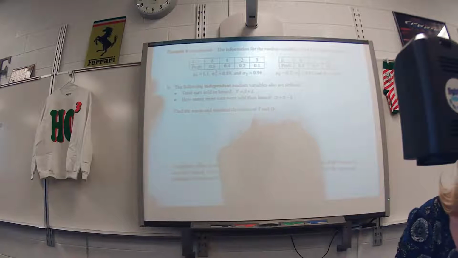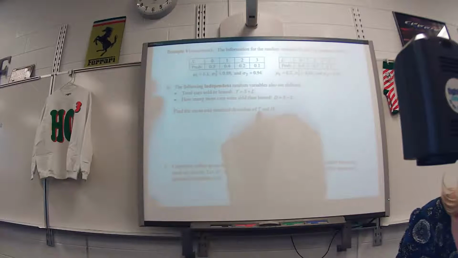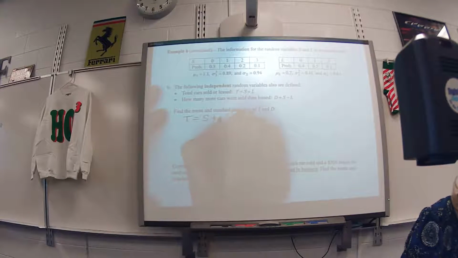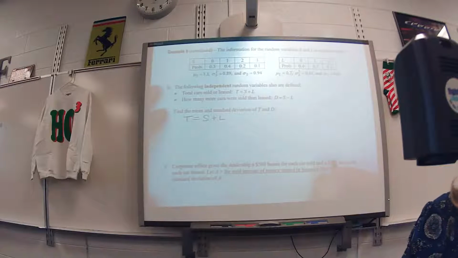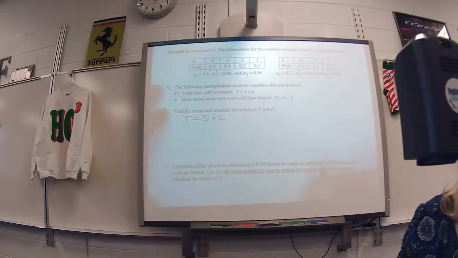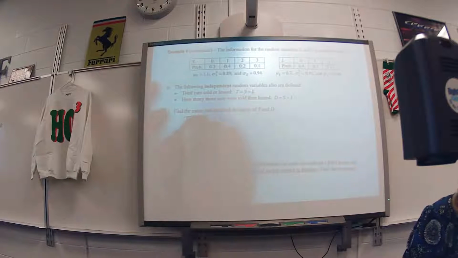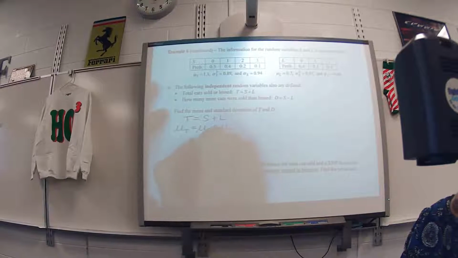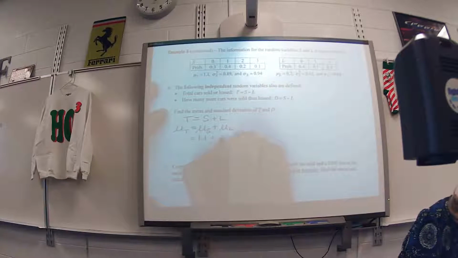If we want to find the mean and standard deviation for T, we start with T defined as S plus L. The mean, you can do exactly what probably intuitively feels right. If you want the mu for T, you can take the mu for S and add the mu for L. So we can take that 1.1 and add it to the 0.7 over there and get an answer of 1.8.